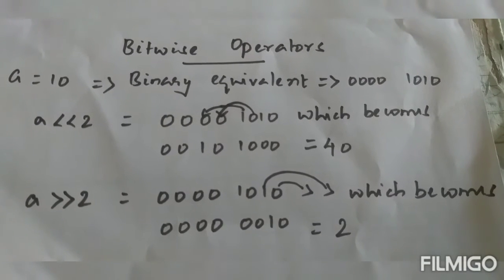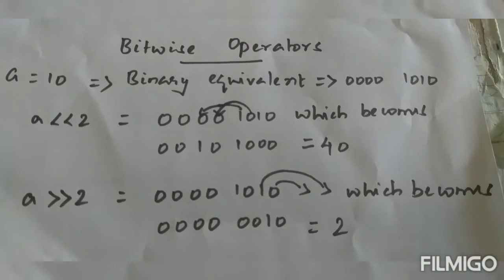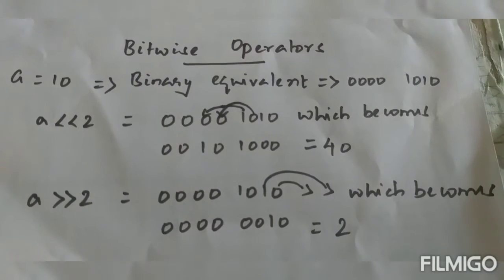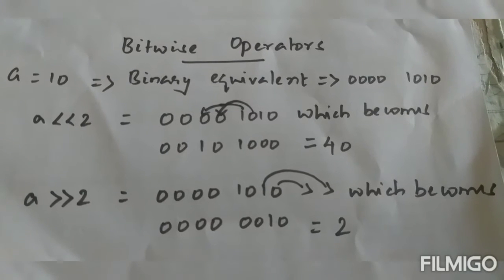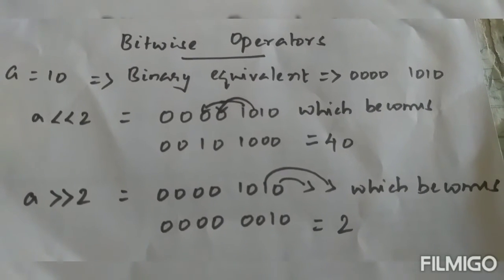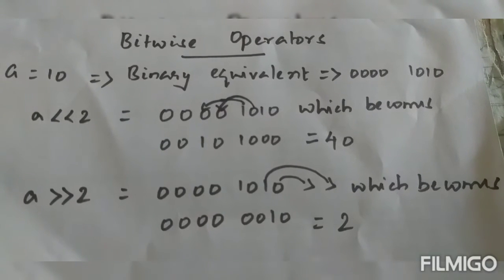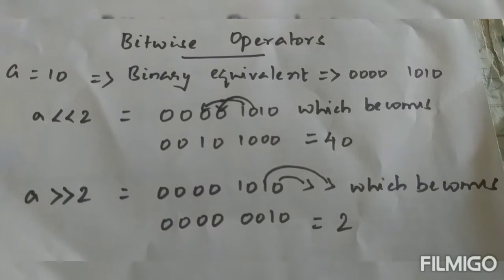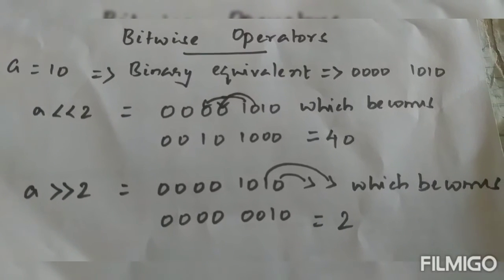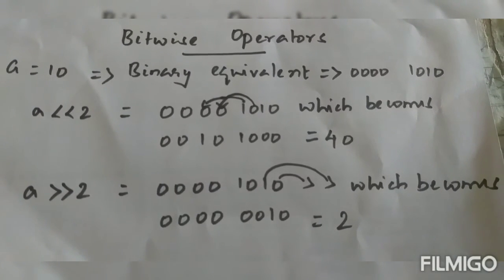Eventually the next 1 0 is shifted to their position. So here on the left side, that 1 0 is positioned 2 bits left. Okay, I hope you understand. So we get 1 0 1 0 0 0. So there the decimal equivalent is 40.